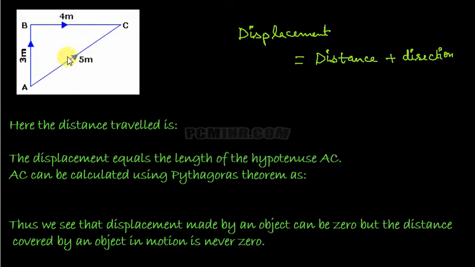So here this direction of this arrow matters. If you take the point C, and you come back from C to A, then your displacement is not going to be 5, it's going to be 0, because the arrow which is pointing here in the given case is just opposite to the one if you come back to A. So the direction matters in case of displacement.